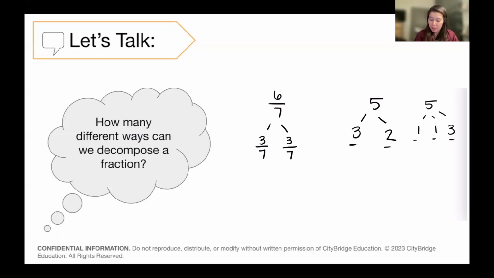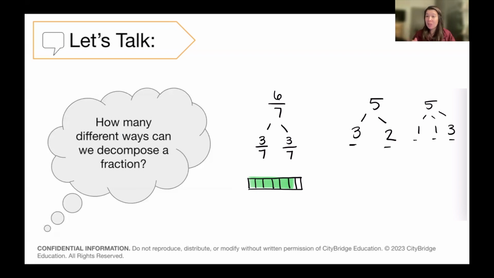Another way we could show that is with a picture. So I could draw my one whole and I could cut it into 7 equal parts. That means that I'm going to make 6 cuts, just like this. 1, 2, 3, 4, 5, 6. Now I have how many pieces of those 7 pieces? That's right, I have 6 of those 7 pieces.